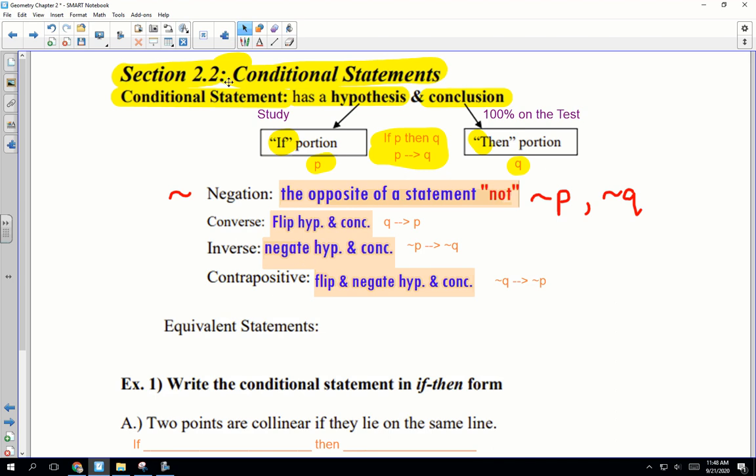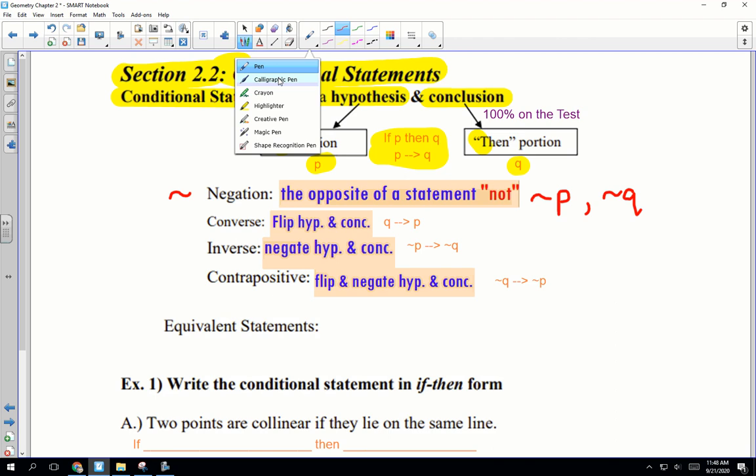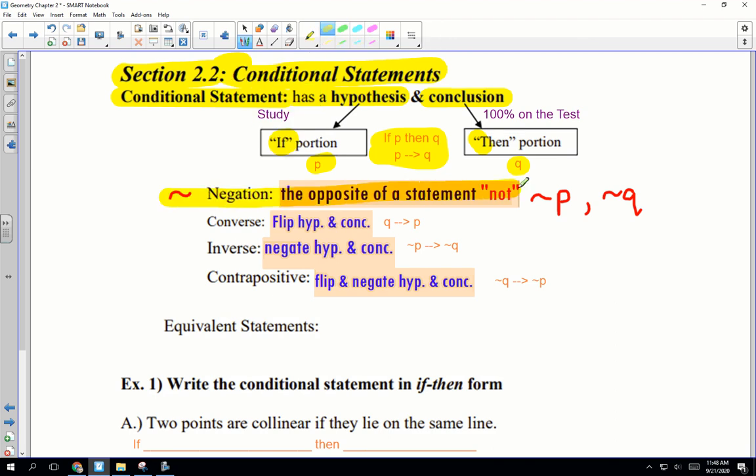And I do want you guys to write each one of these items down. Negation is the opposite. Converse flips the hypothesis and the conclusion. Inverse keeps the same order, just makes them opposite.